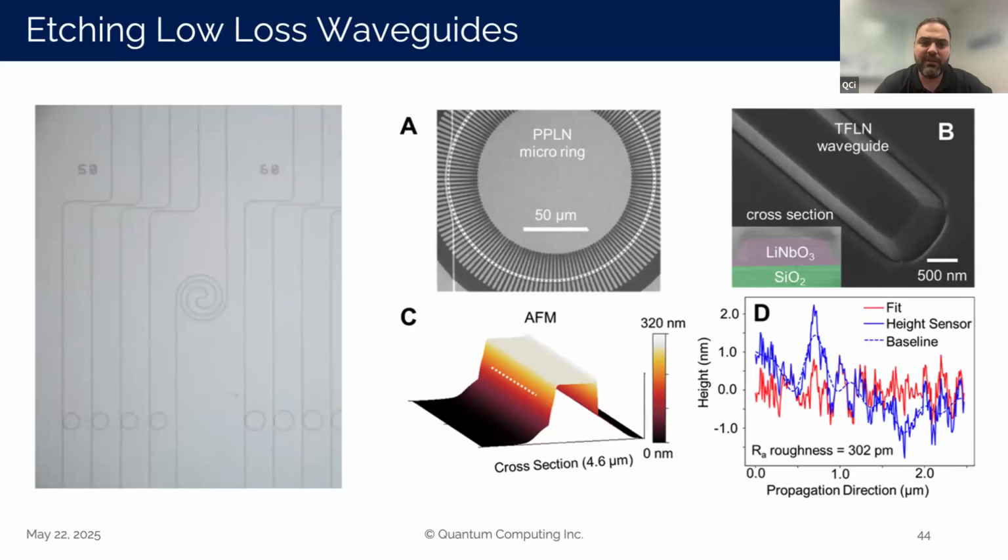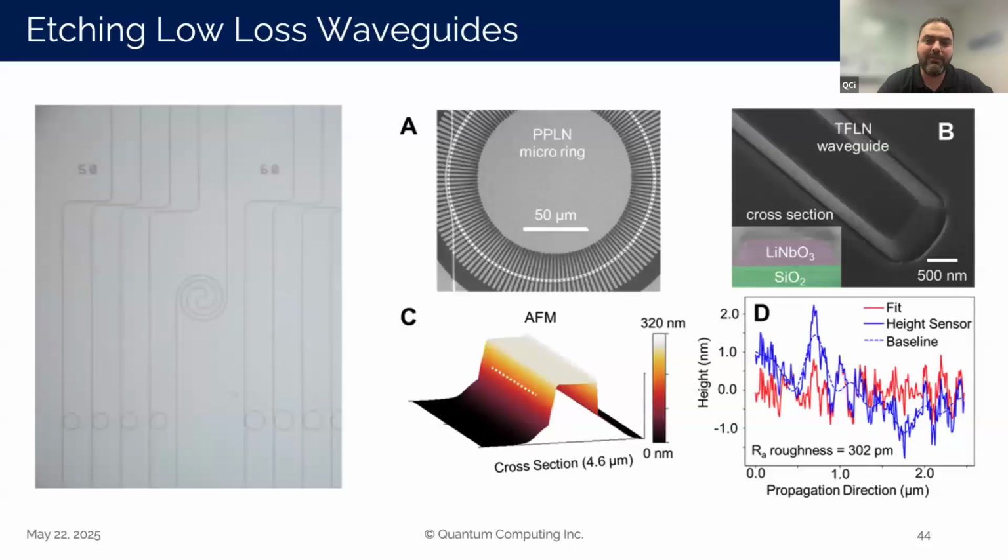It is important to reach these targets because quantum applications require very low loss waveguides and very low scattering from the sidewalls of the PPLN structures, for instance, in the microring PPLN that you see here. And in order to minimize that scattering on the sidewalls, the etching is a critical part, and that's one of our major capabilities in this foundry.